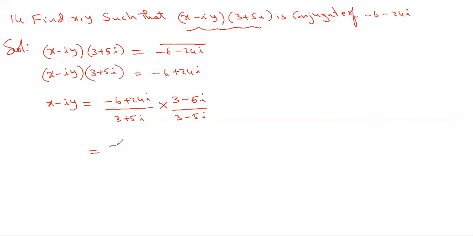Minus 6 into 3 is minus 18, minus 6 into minus 5i is plus 30i, and plus 24i into 3, what is that, 72i, minus 24 into 5, 120, 120 i square. So 3 square plus 5 square.